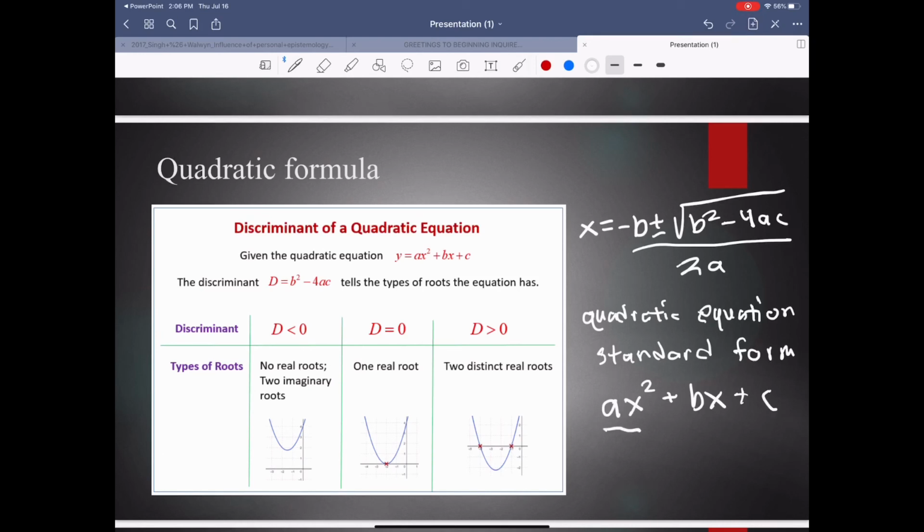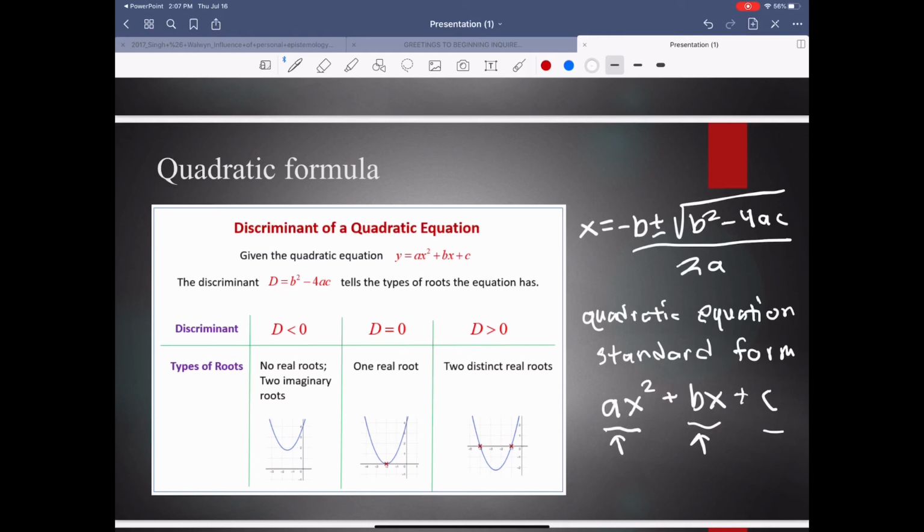Now this right here is known as the quadratic term. This is your linear term. This is your constant. So anytime a problem refers to a, it is the one with the x squared. If it's referring to b, your b is the one with the x, and if they ask for c, that's your constant. It has no variable.